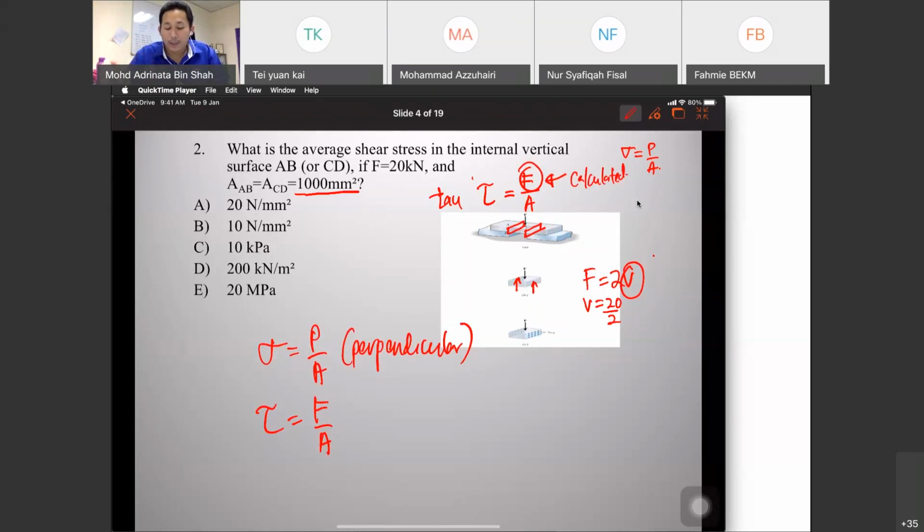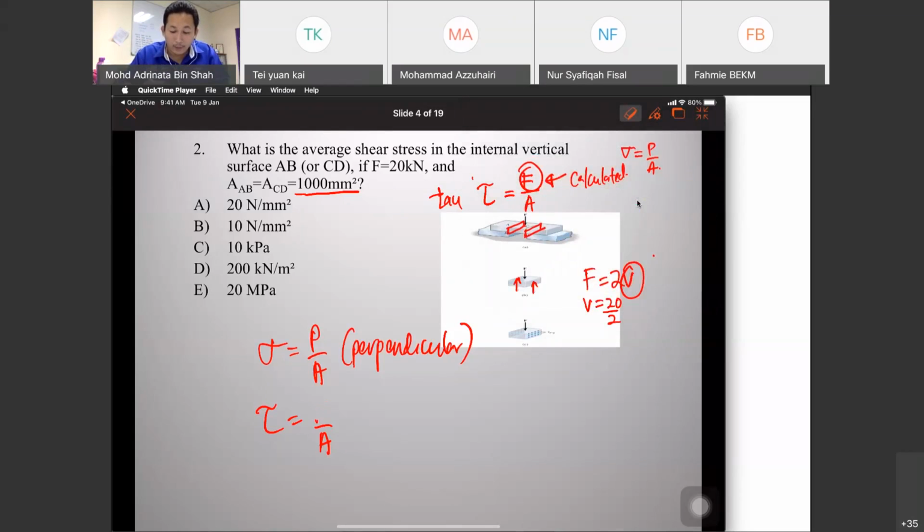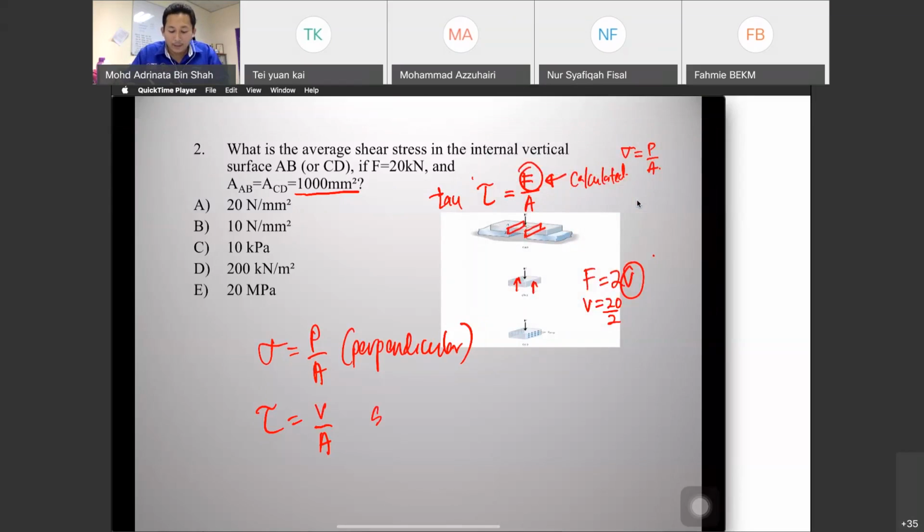Ilmu statik nanti kita akan tunjuk. Ataupun dalam kebanyakan contoh, bagi mengelakkan kekeliruan, dia akan letak V over A. Okay? Dan dia ada single shear stress dan dia ada double. Okay, ini kita akan tengok.